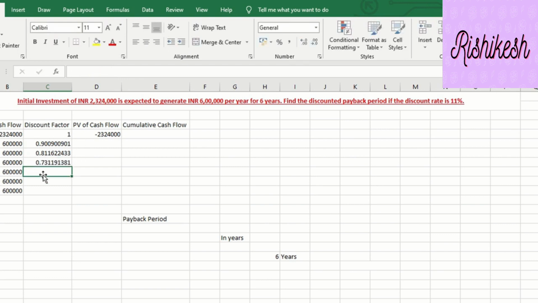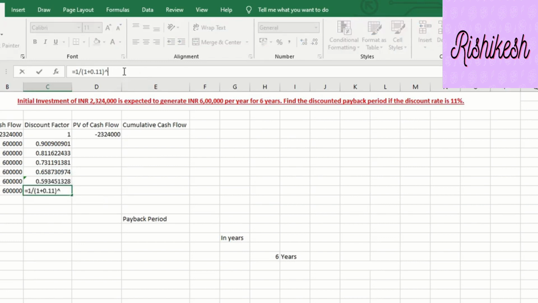So this will become the discounting factor. We are going to do the same thing over here as well. This 3 will become 4. Now this 4 will become 5 because there are 5 periods now. And this 4 will become 6 because there are 6 periods now. So this way, you can calculate the discounting factor all around.